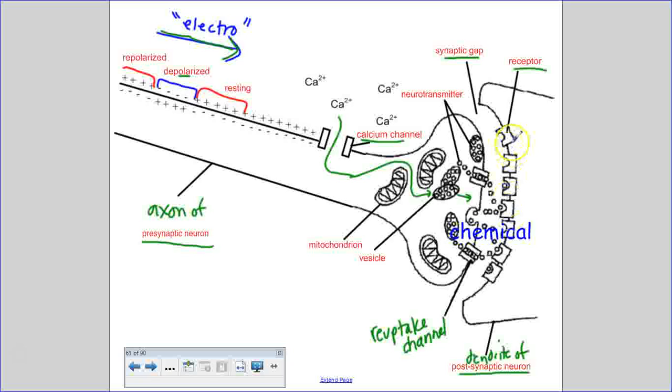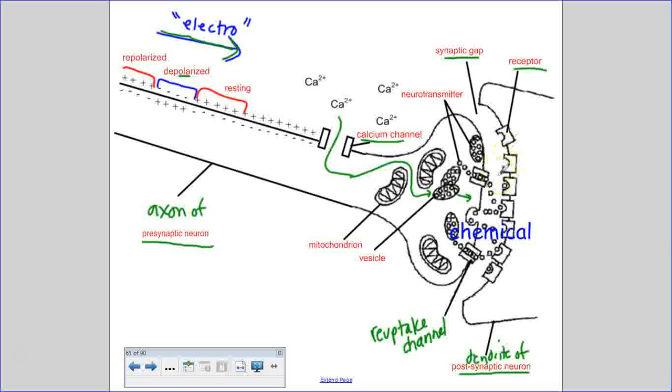If they're linked to, say, maybe a chloride channel or some other kind of channel, then they would make the inside even more negative and prevent the message from being passed on. So it would inhibit firing of the neuron. It depends on what's going on in your body and what kind of neurons they are, what kind of receptor it'll bind to, and what it will cause to happen in the next neuron.